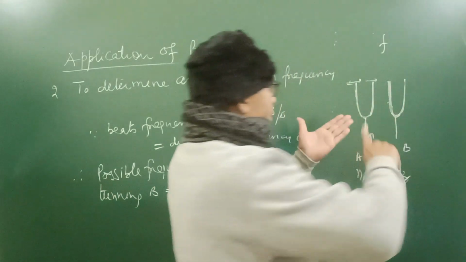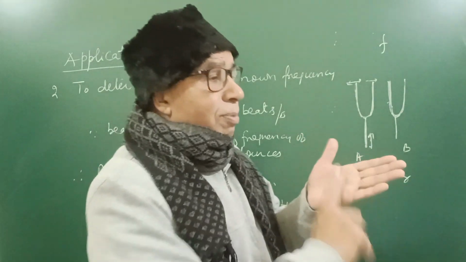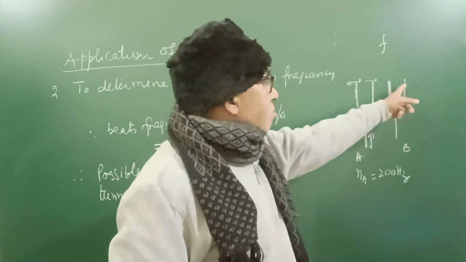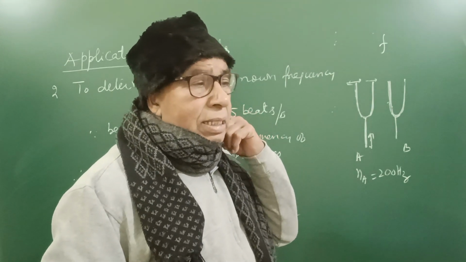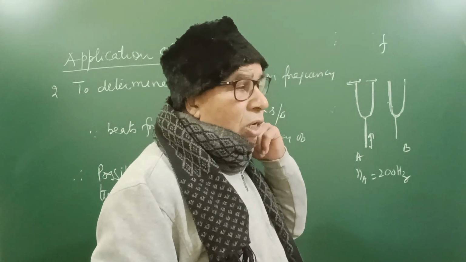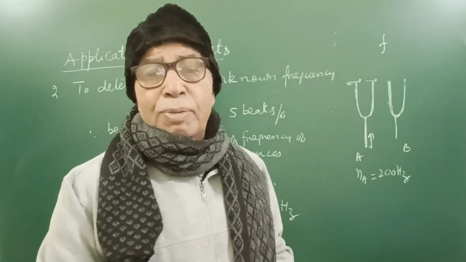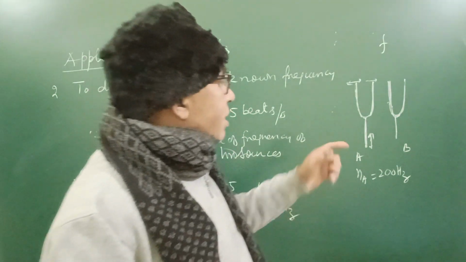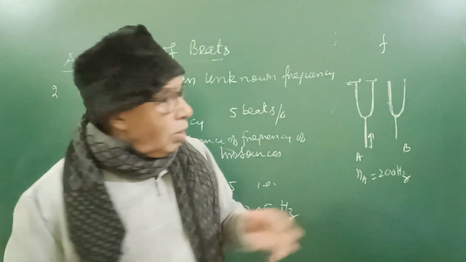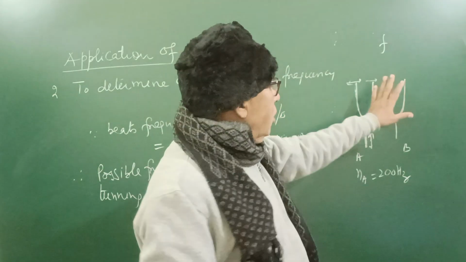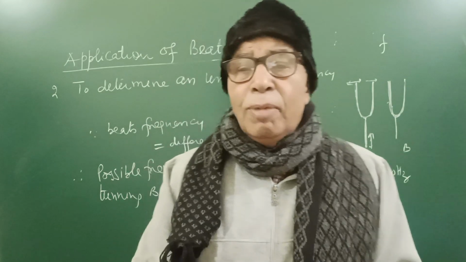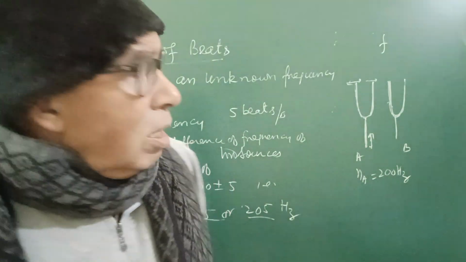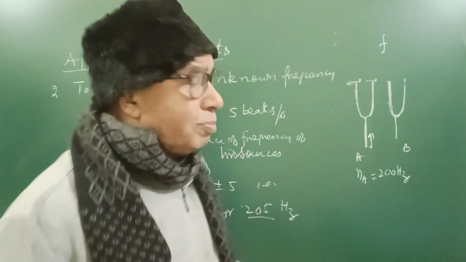If we rub it with sandpaper, some mass will be scratched off and mass per unit length will decrease. On decreasing mass per unit length, frequency will increase. Second method, we load the tuning fork with some wax, so that mass per unit length will increase and hence frequency will decrease.